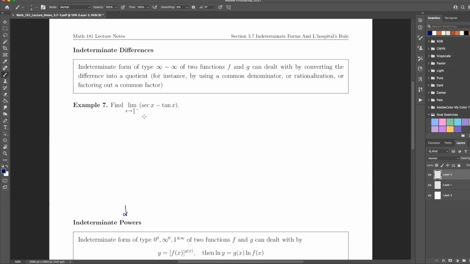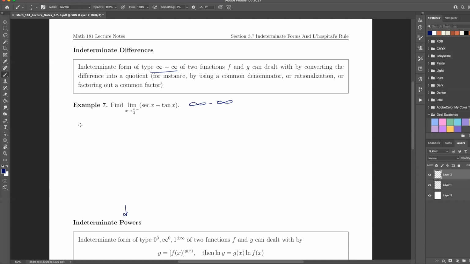So let's have this. If I plug this in, and I'm going to take x to pi over 2 from the negative side, so that means coming in from the left, this goes to infinity, this goes to infinity, and so this is infinity minus infinity. And so here we have our indeterminate form. So what do we do?